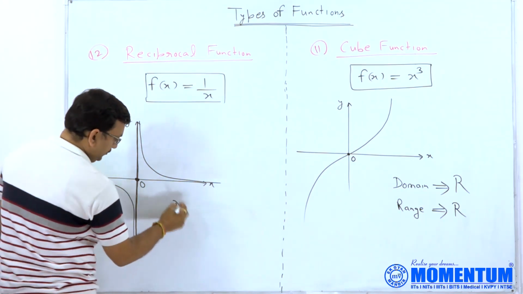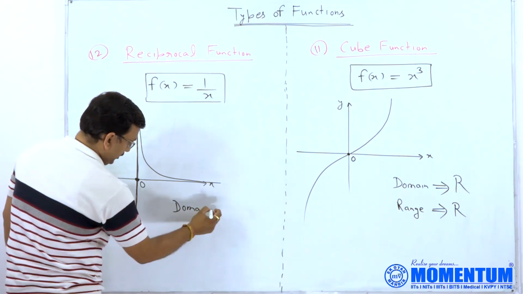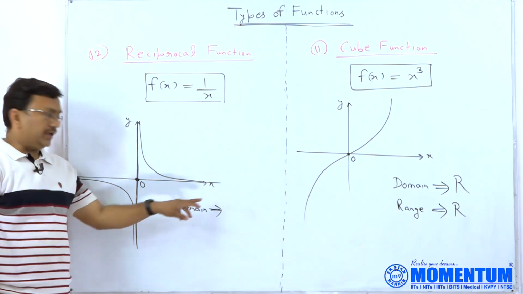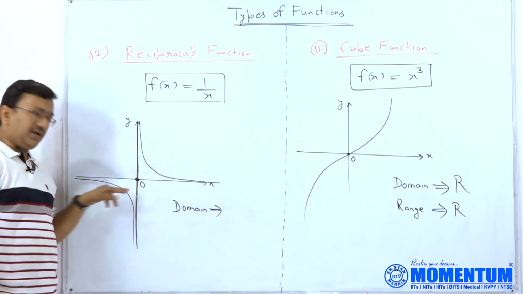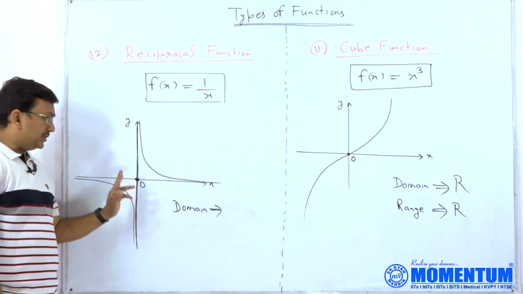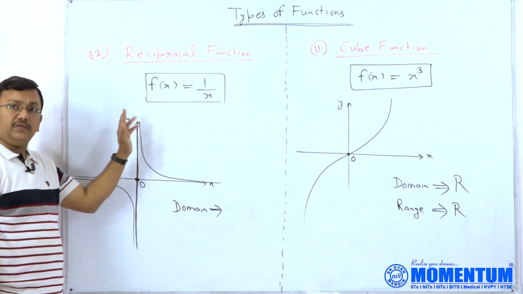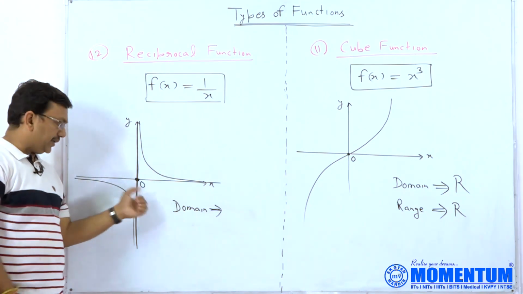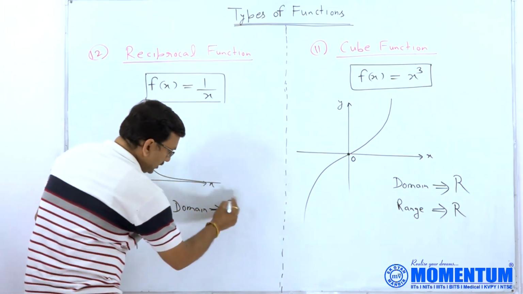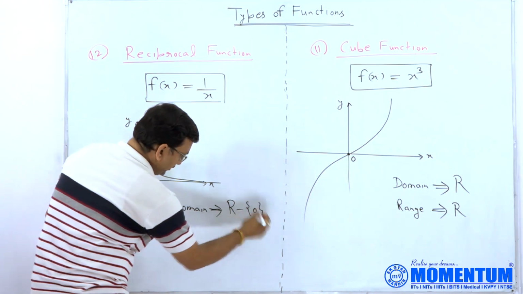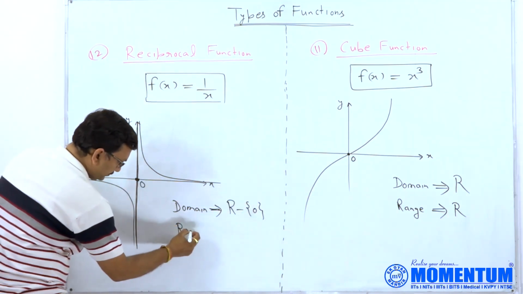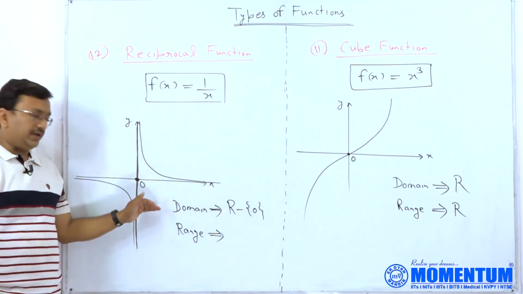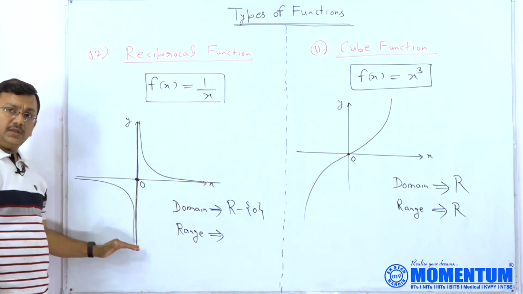So, from the graph, domain. Now, students, see in this graph carefully, we are getting the graph for all the values of x excepting 0. At 0 the graph is going towards infinity. Infinity means not defined. So, this graph is defined everywhere excepting 0. So, domain is R minus 0. Then the range. Corresponding to graph, we are getting all the values on the y-axis.